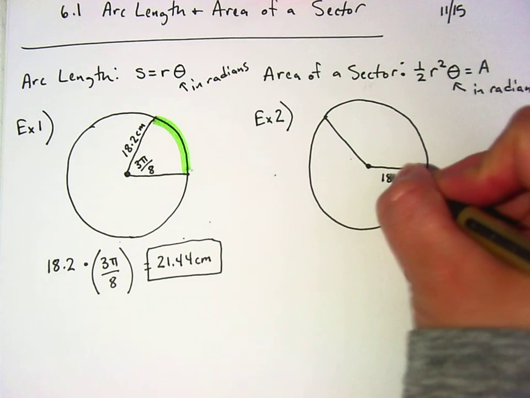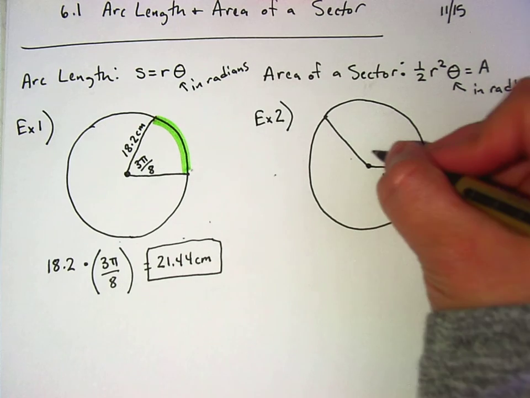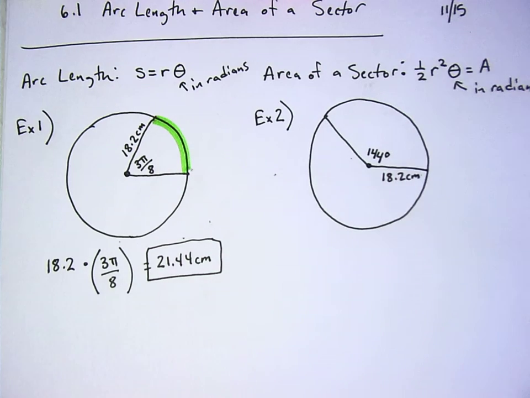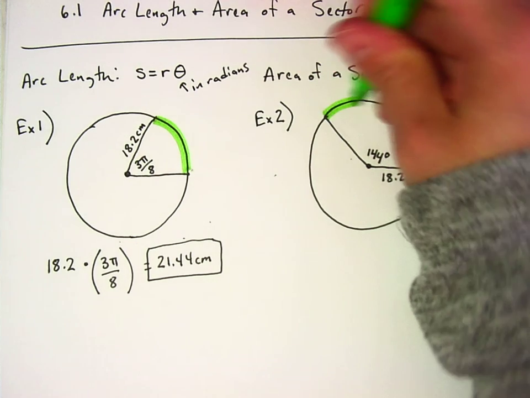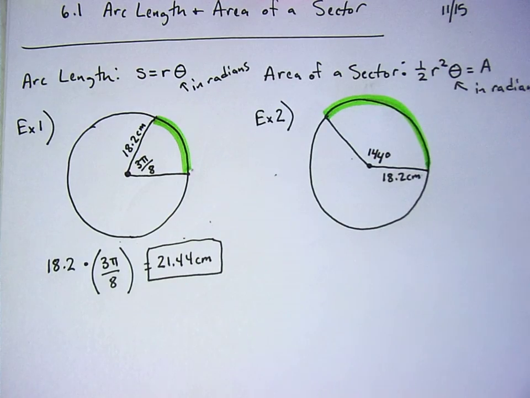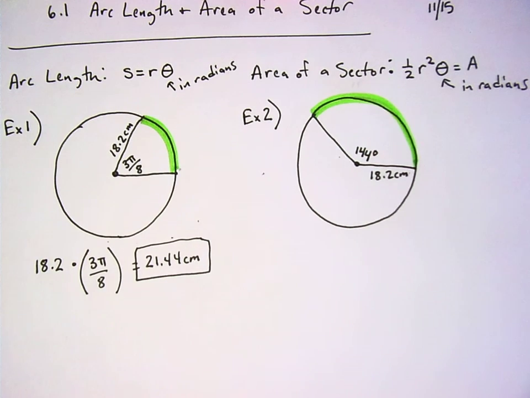This radius is still 18.2 centimeters, but now I'm going to say it's 144 degrees in here. And we're going to try to find this. Ideas? Right. Okay, does anybody have an idea of how we could change degrees to radians?